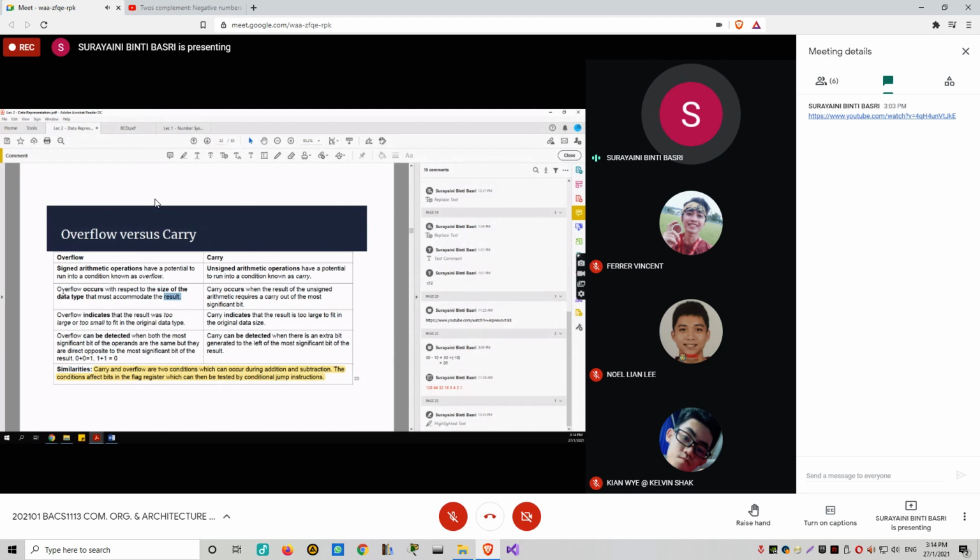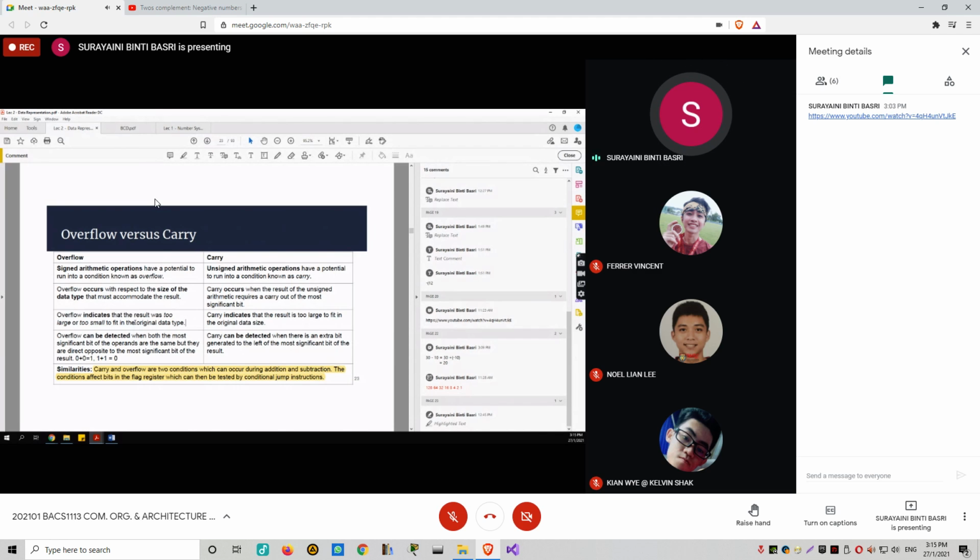Okay, so that is when your bit should be 8 and you are exceeding that 8, it is when the overflow occurs. Okay, so overflow indicates that the result was too large or too small to fit in the original data type.